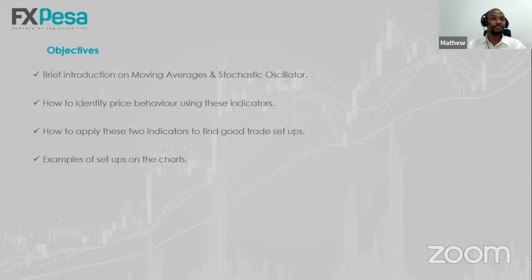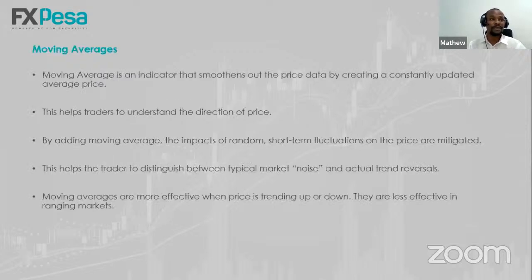So let's look at what a moving average is. It's an indicator that smooths out the price movements. It's calculated based on the average closing prices of the candlesticks, and you can choose the number of candlesticks you want.